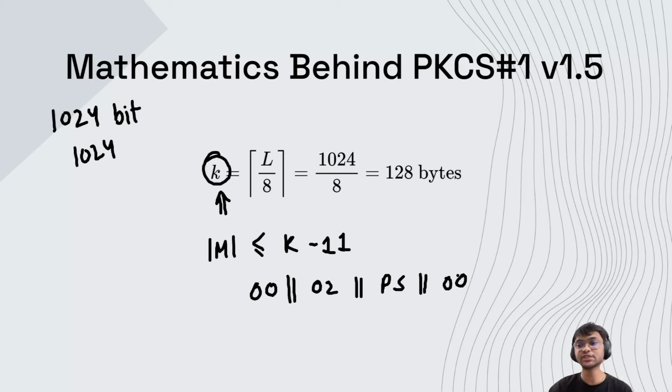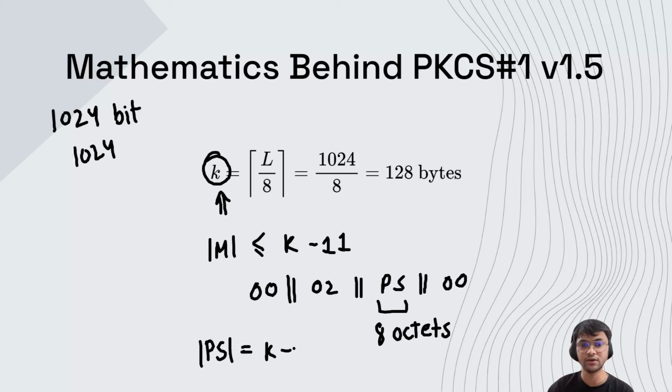Now, this limitation guarantees that the length of the padding string is at least 8 octets long, which means that the length of PS is K minus the length of M minus 3, which is at least 8 octets long. Now, this is a security condition in PKCS1 version 1.5.